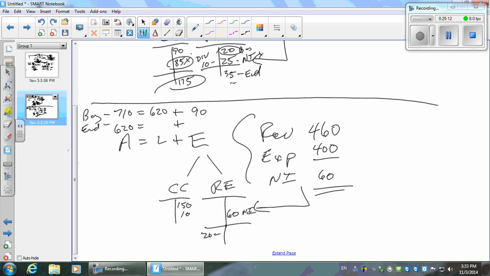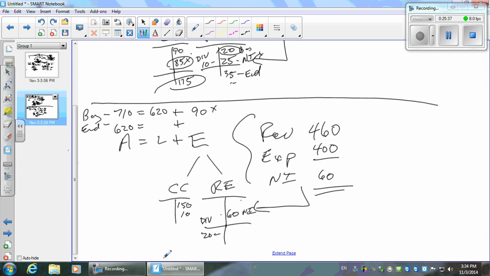Can you solve anything else? Beginning retained earnings. Do we know the dividends? Dividends we're looking for. I don't think you can get beginning yet because I don't know the dividends and I don't know the beginning.